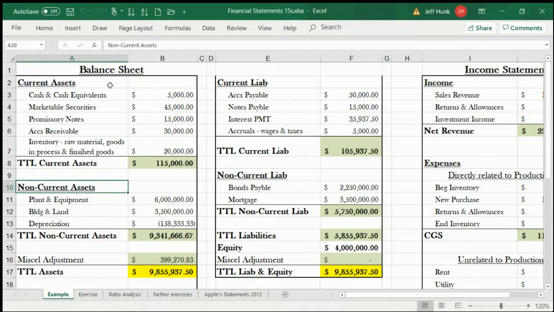And if you think about it, liquid assets can easily change hands. They can run from one hand to another, right?